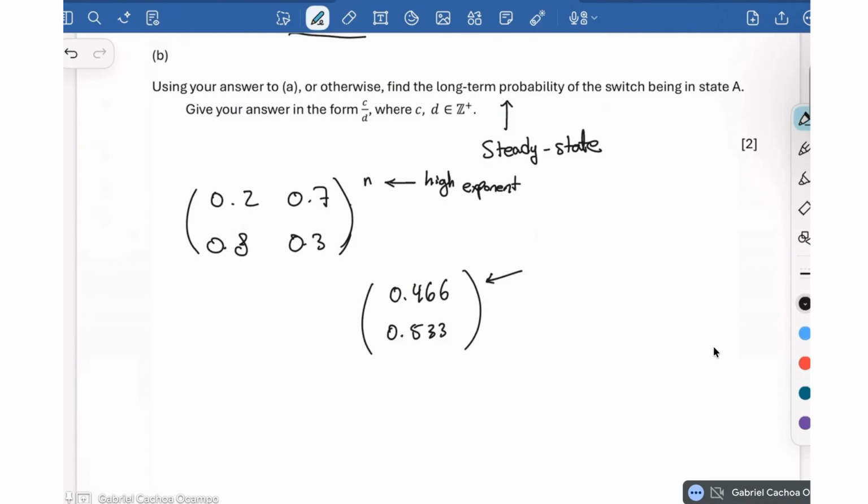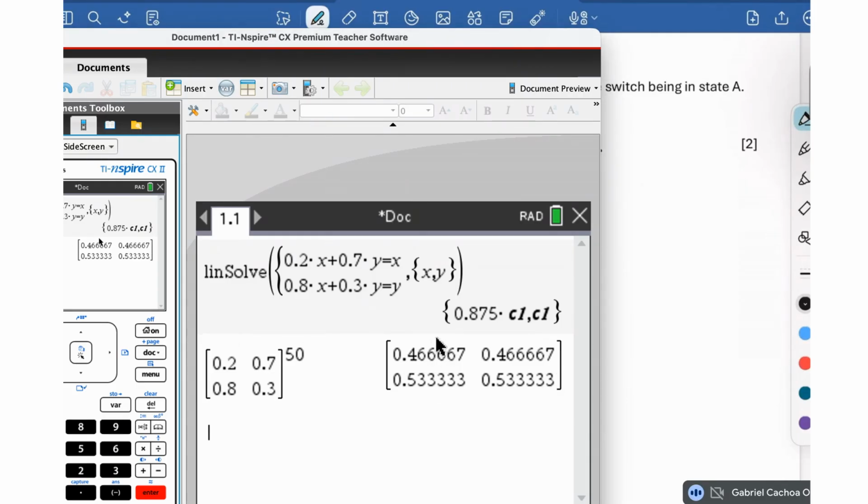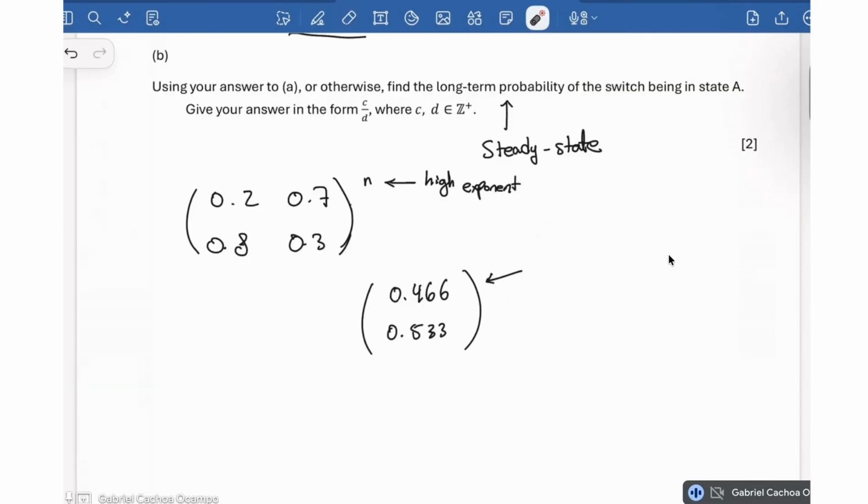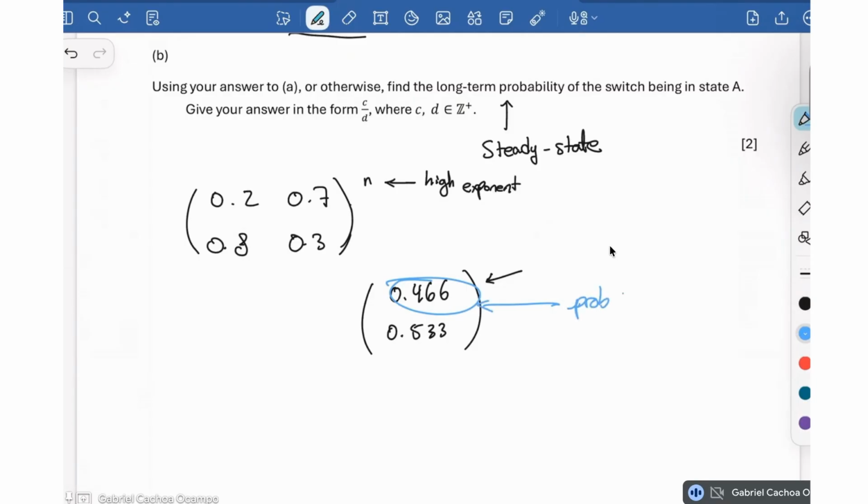But here we have a little problem, because my calculator is giving me these numbers as decimals, and look at how the question is asking me for the answer. Do you agree that this one is the probability of going to A in the long term, and this one is the probability of going to B in the long term?